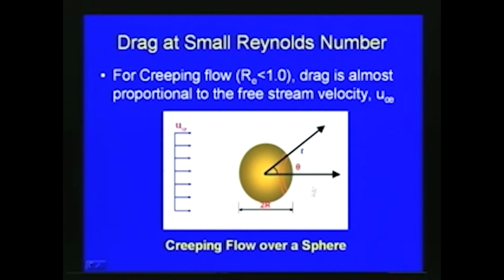As in this figure, if we consider a sphere in creeping flow, the free stream is coming in, and the sphere has radius r, with an angle theta as shown.